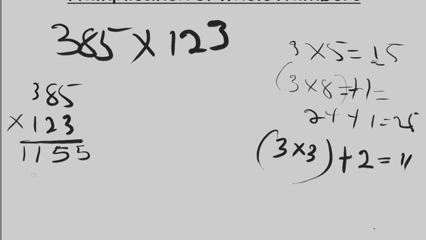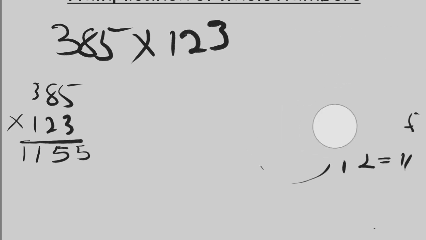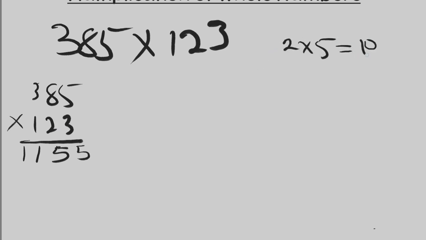We're going to do the same thing for the second number, starting from the right. So this 2, I'm going to do 2 times 5, which is 10. This is more than 9, so I can't write 10, I have to write 0.